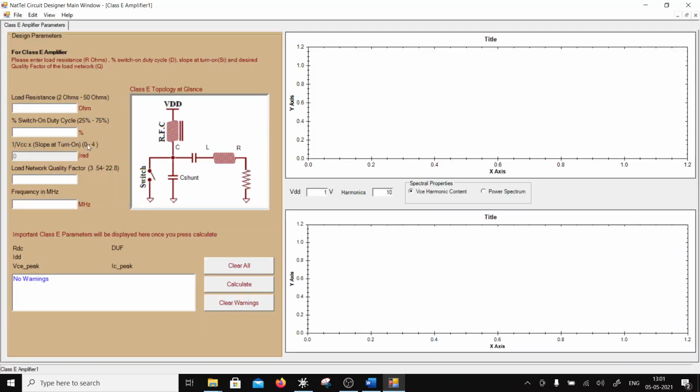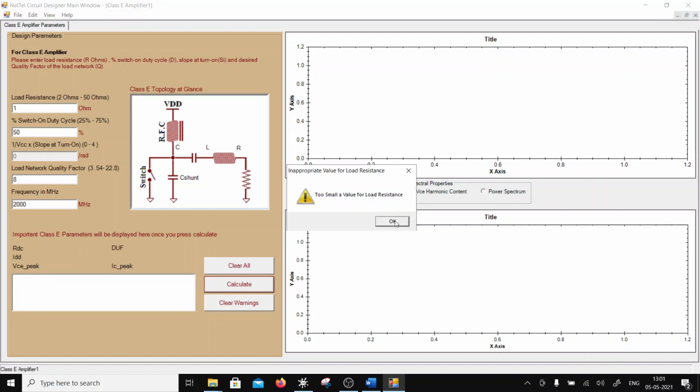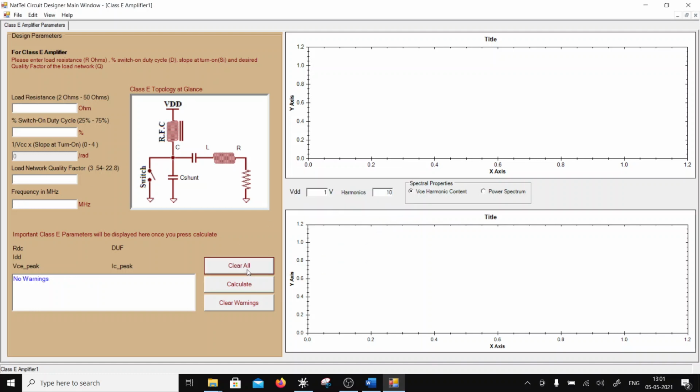Okay, so here I'm able to mention the same thing, resistance of 1, a duty cycle of 50%, and slope I'm assuming 0, and Q I'm assuming to be like 8. And the frequency I'm designing for is 2 gigahertz as earlier, right? And then I'm going to say calculate. Too small a value of load resistance. Okay, clear all.